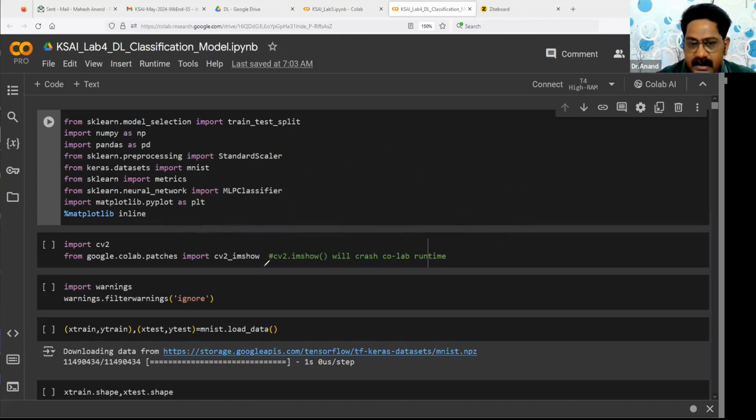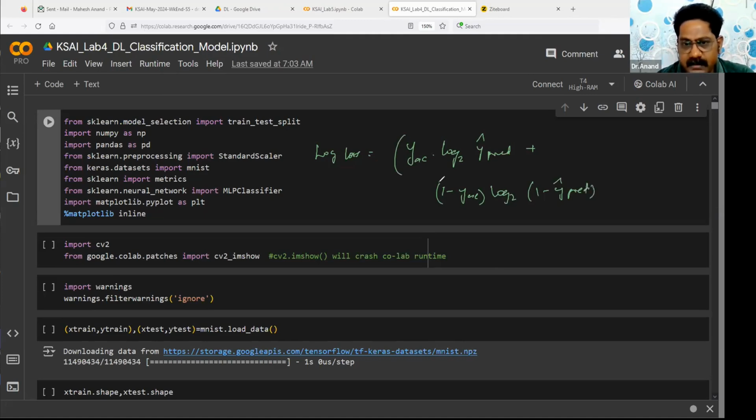That is why here we represent the loss as categorical cross entropy or binary cross entropy. So how do we define the log loss? Y actual log base 2 y cap predicted plus 1 minus y actual log base 2 1 minus y cap predicted. So the objective is to minimize this.